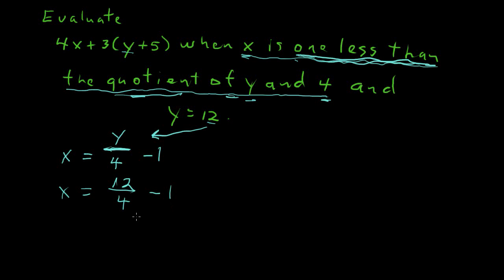The order of operations says do multiplications and divisions before additions and subtractions. So we want to do the 12 divided by 4 first, and 12 divided by 4 is 3, and then subtract 1. And what is 3 subtract 1? Well, that's 2. So finally we've found out what x is.